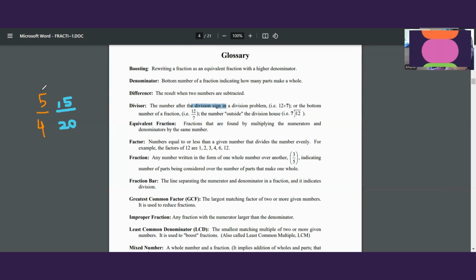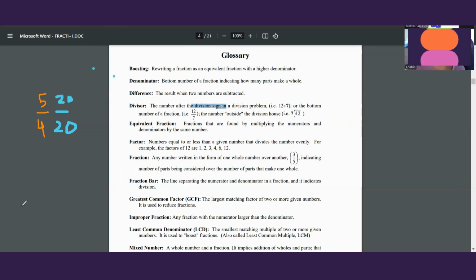Oh, 5. Wait. Yeah, I know. Yes. So you multiply this fraction by 5.